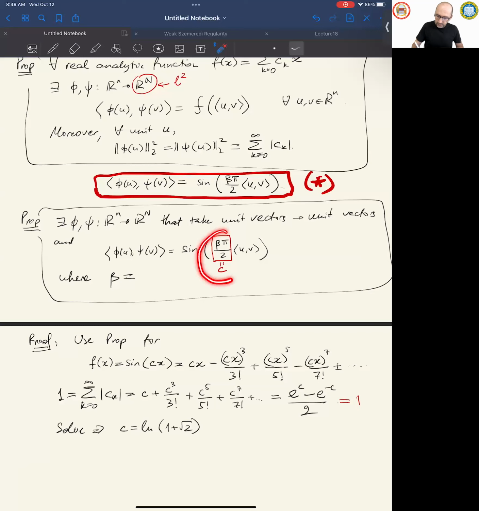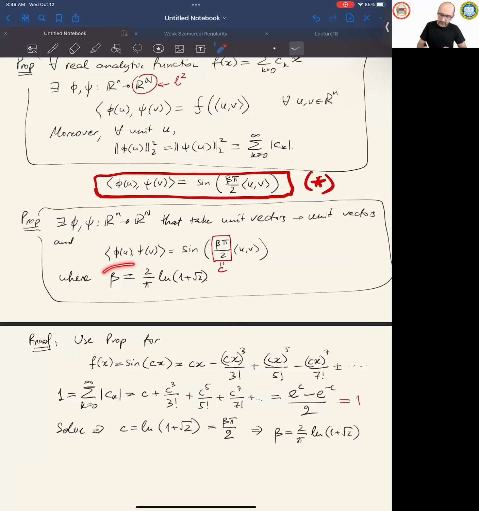And remember what c was. c is actually beta pi over 2. And from this, we recover beta. So beta is 2 over pi log of 1 plus root 2. Whatever it is, some funny number.